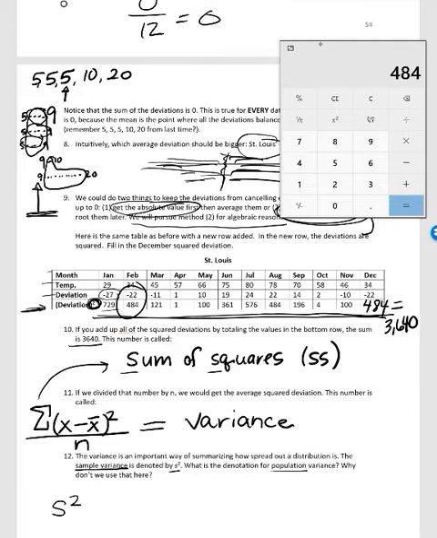If we're talking about population variance, then we use a different symbol for that. We use little sigma squared. It's like a little O with a little extra hat kind of thing on it. So why don't we use that here?